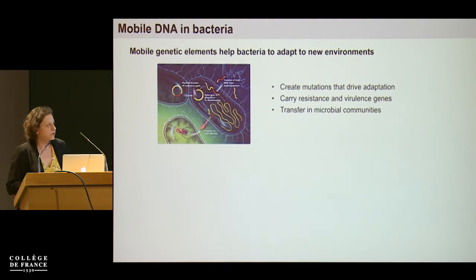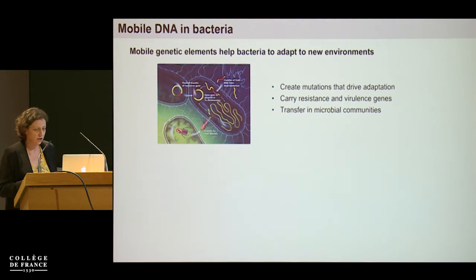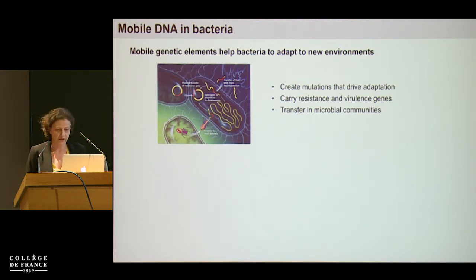They also can carry resistance and virulence genes, and move them not only inside the cell but also between bacterial cells, which then further increases the evolutionary potential and strengths of these bugs.